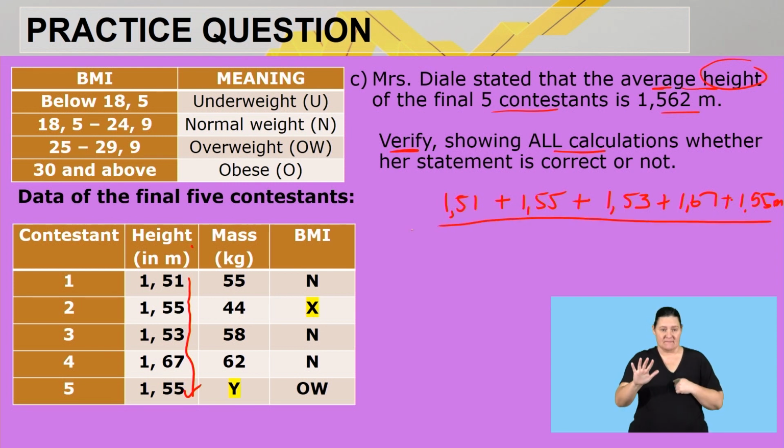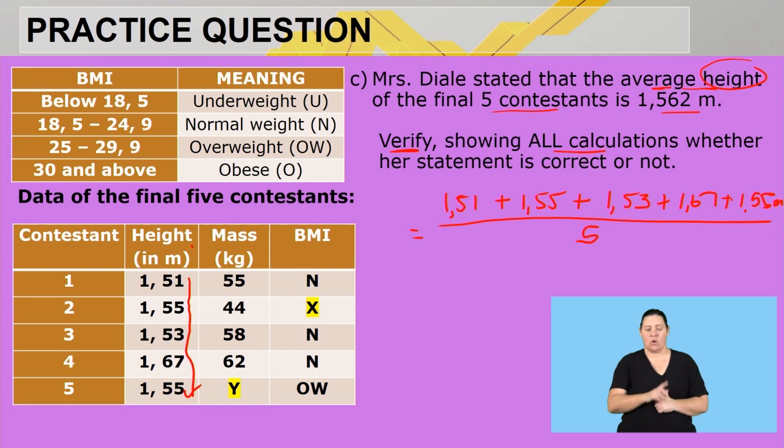How many numbers in my data set? Remember, there are 5 contestants, so I divide that by 5. So I'm going to type that in, 1,51 plus 1,55 plus 1,53 plus 1,67 plus 1,55. That will give me a sum total of 7,81, and I divide that by 5.